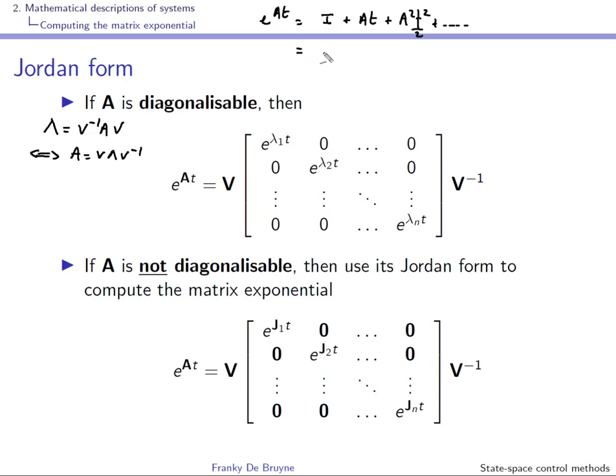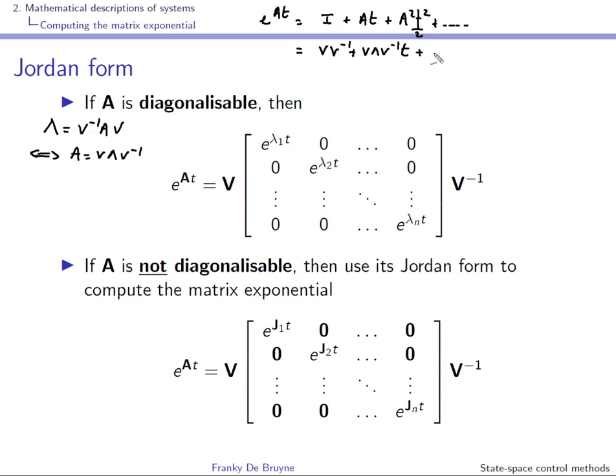The identity matrix we can rewrite as V^-1 V, and we can write A as V Lambda V^-1, that's A times t.